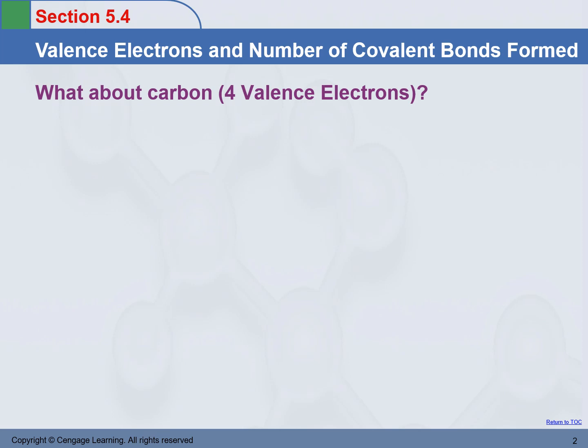Okay. Try to answer the question for carbon atom. How many bonds will a carbon atom form when it covalently bonds with other atoms? And in what kind of combination of single, double, triple bonds? Try to pause the video and answer that question.